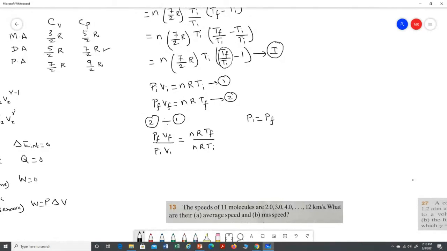So this pressure gets cancelled. And here we can cancel the n on both top and bottom. So what is remaining? We have V final over V initial, which is equal to T final over T initial.